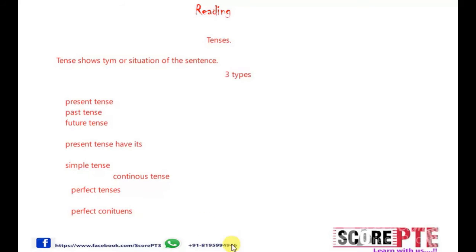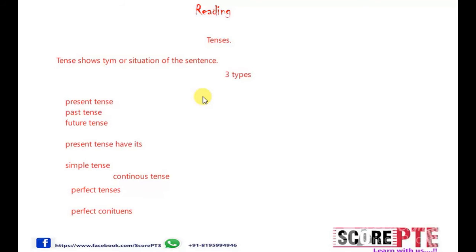So in our next slide, we are going to give you a basic chart of tenses, what kinds of tenses there are and how many tenses you will have to use.